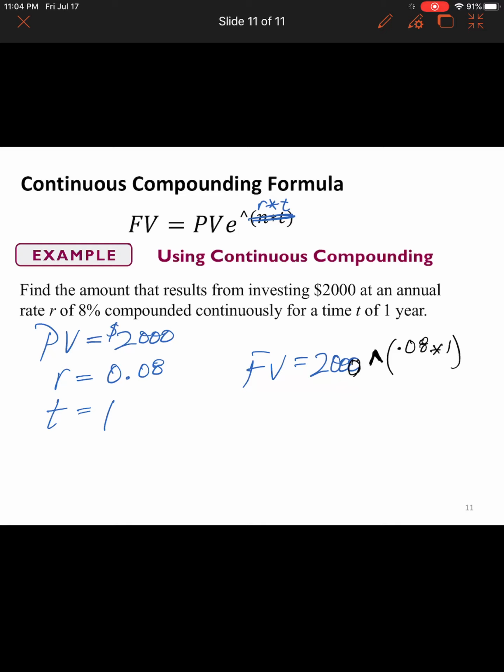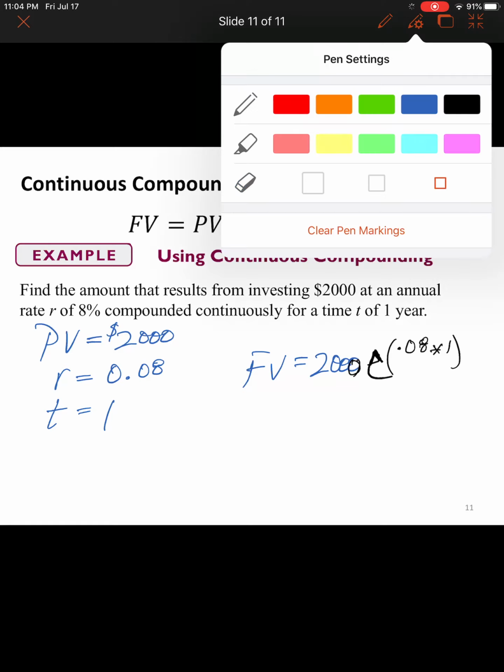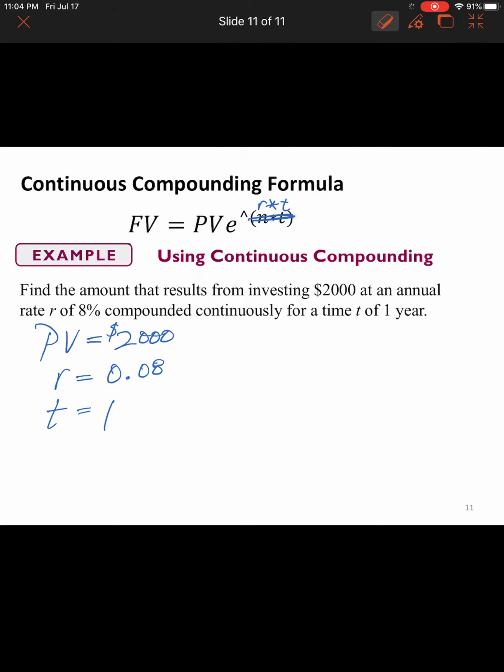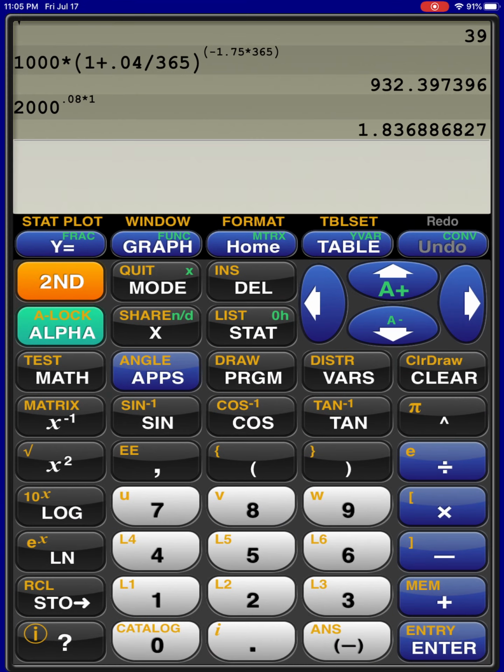Oh my goodness, where's my E? I can't believe I didn't put my E into the formula. Future value equals the present value of $2,000 times E raised to the 0.08 times 1. That'd look a whole lot better.